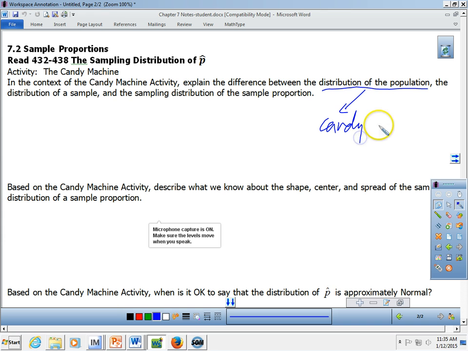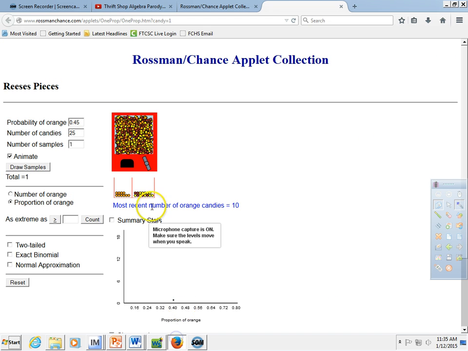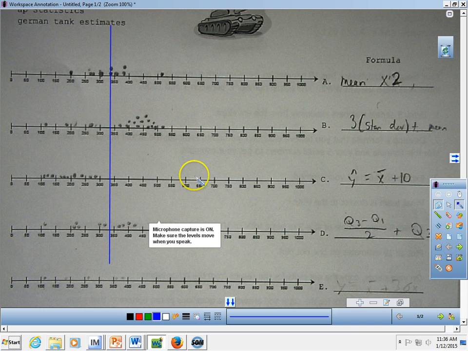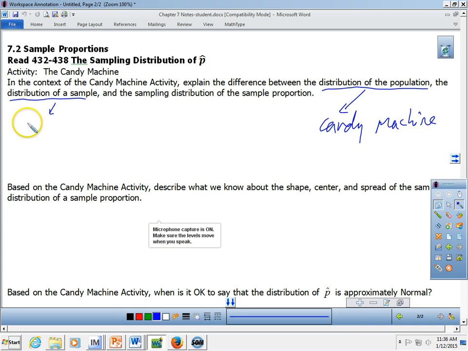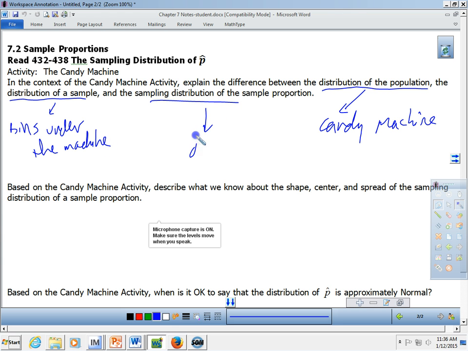That has all the candy in it. The distribution of a sample is in the bins underneath, right down here, under the machine. And then your sampling distribution is the dot plot below that, right?